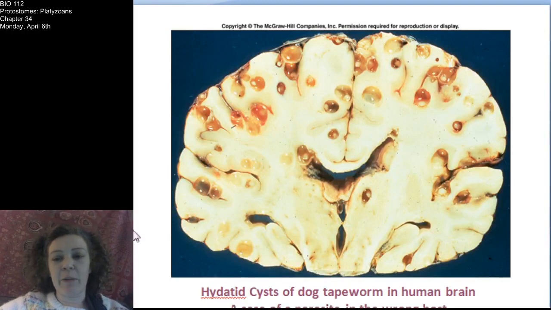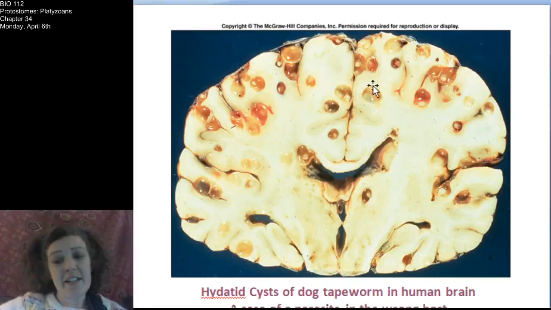I'm sorry I've gone over a little bit, but this is showing you a human brain with dog tapeworm cysts in it. That's what these are. So sometimes even in the right host, these organisms will invade parts of the body that are not its normal tissue tropism, its normal tissue preference. Tissue tropism is showing preference for a tissue, going to a particular tissue, like liver flukes, they go to the liver, the bile duct of the liver.